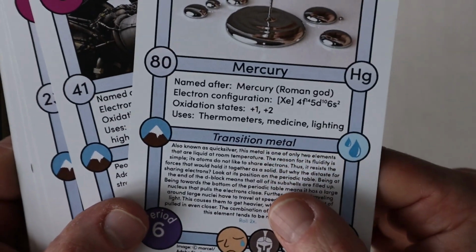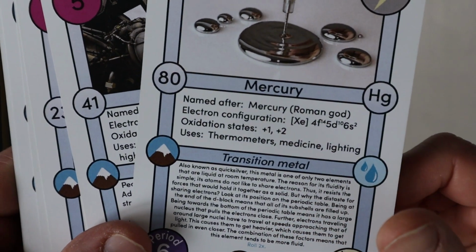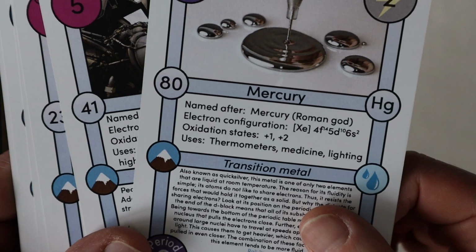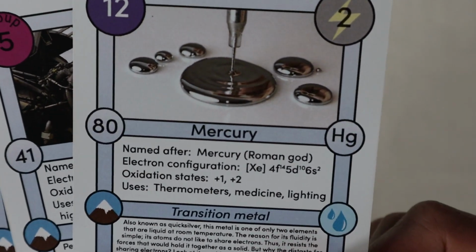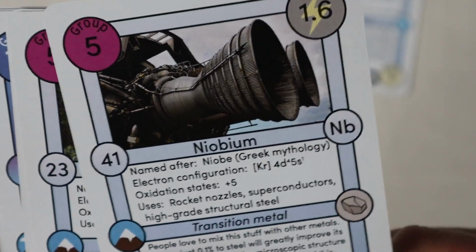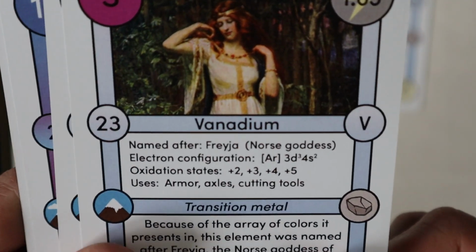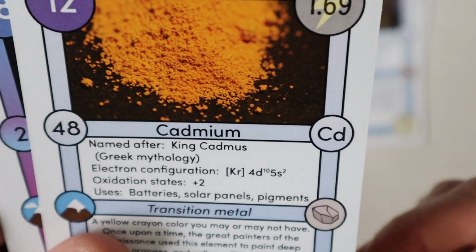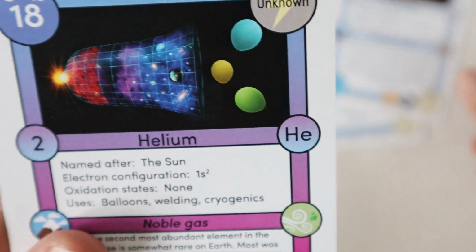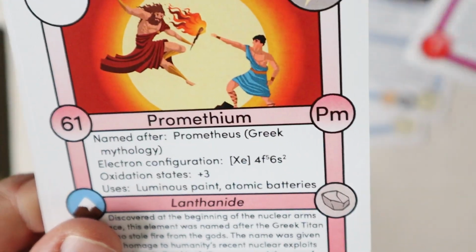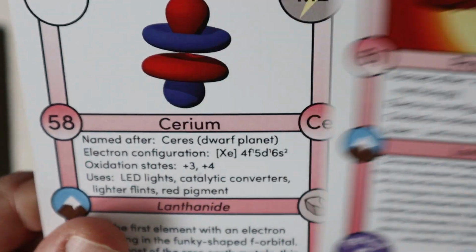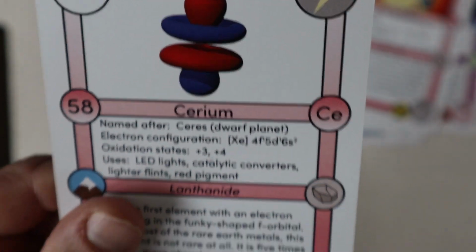Let me just give a brief example. Here I have a hand made up of all elements named after mythological figures and or celestial bodies: mercury, niobium, vanadium, cadmium, helium, promethium, and cerium.